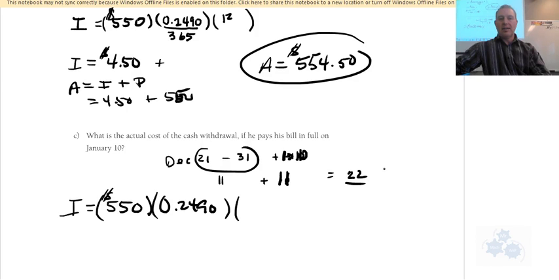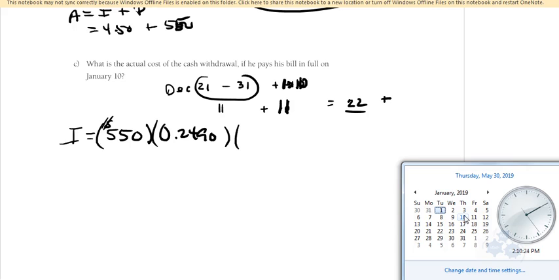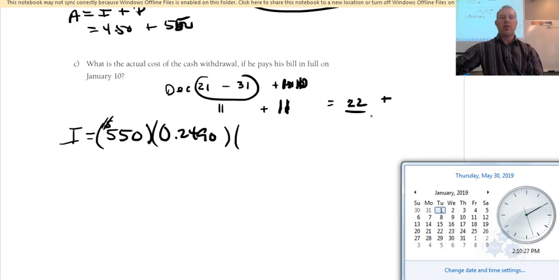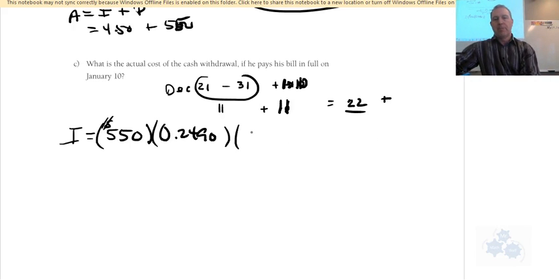And then we have to add what we had before, the 12. Okay, so it's actually 32 days from the 10th to the 10th, I guess. So we're going to do 32 days, and that's a fraction of a year here.